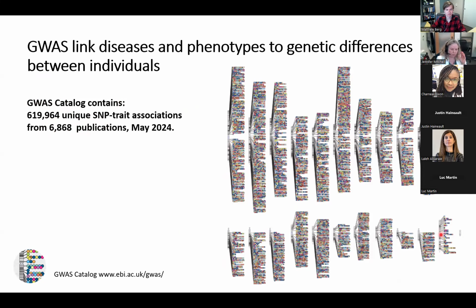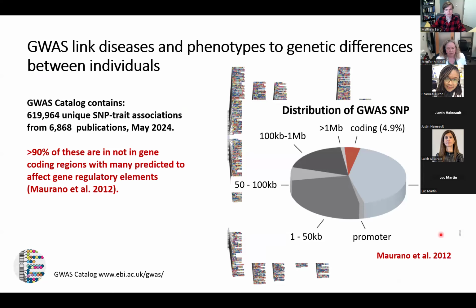Now if we zoom in closer and ask, where are these links? Are they more prevalent in genes, or are they not? In fact, early studies identified that the GWAS SNPs were actually not that enriched in genes. Less than 5% of them are found in coding regions, and more than 90% are found in the intergenic regions of the genome, with many of them predicted to be affecting enhancer type regulatory elements.